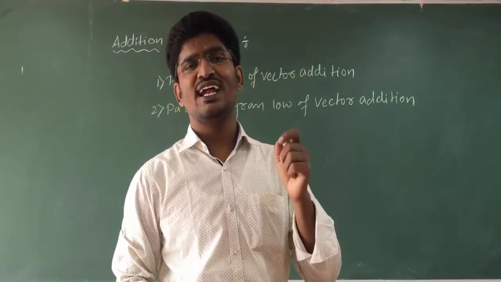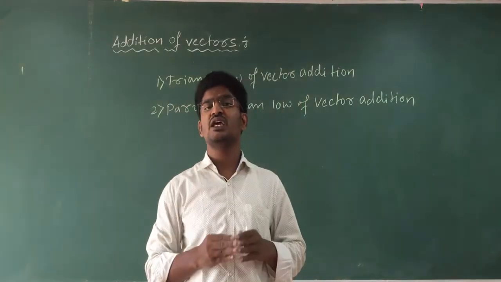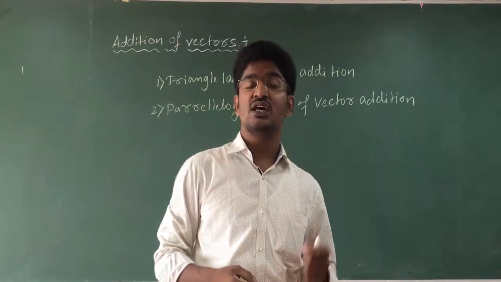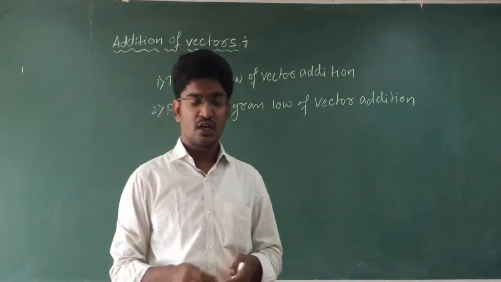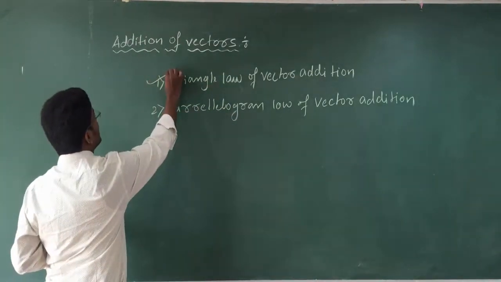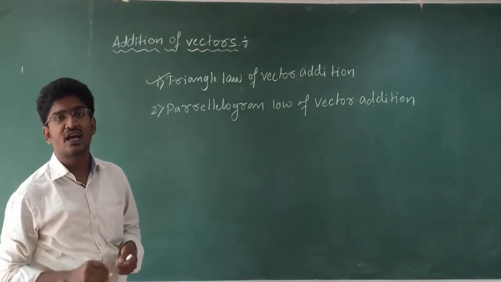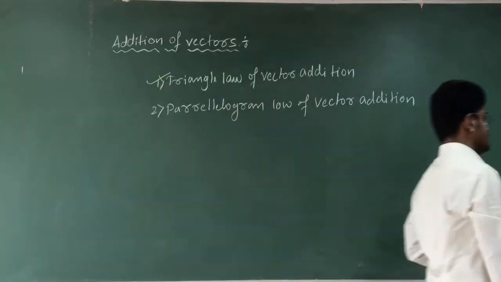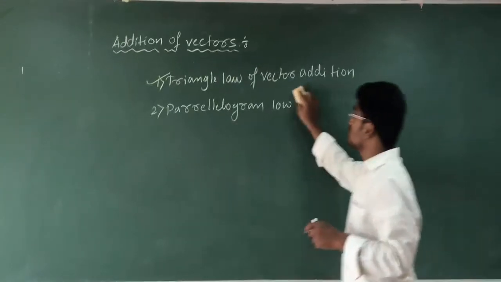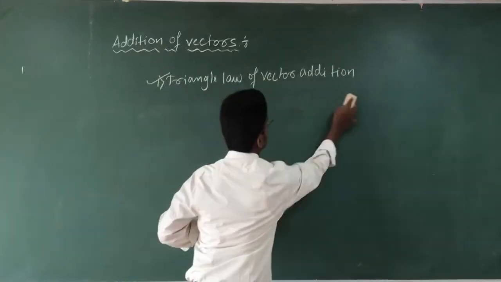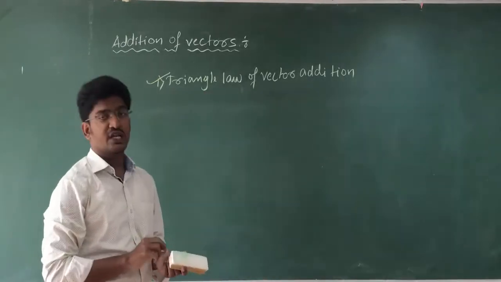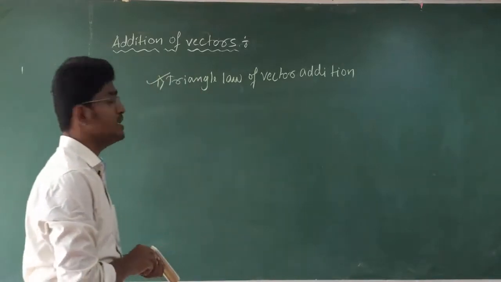First let us see what is the meaning of vector addition, or the resultant of two vectors. So first let us study triangle law of vector addition. In the triangle law of vector addition, there will be two vectors.